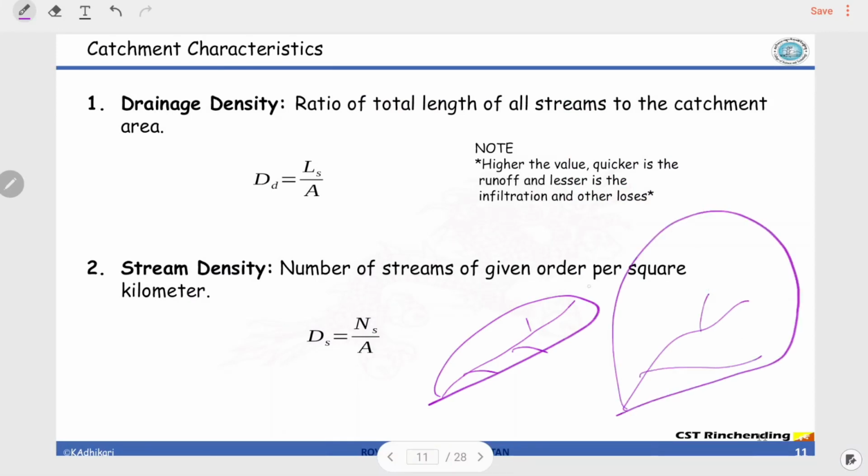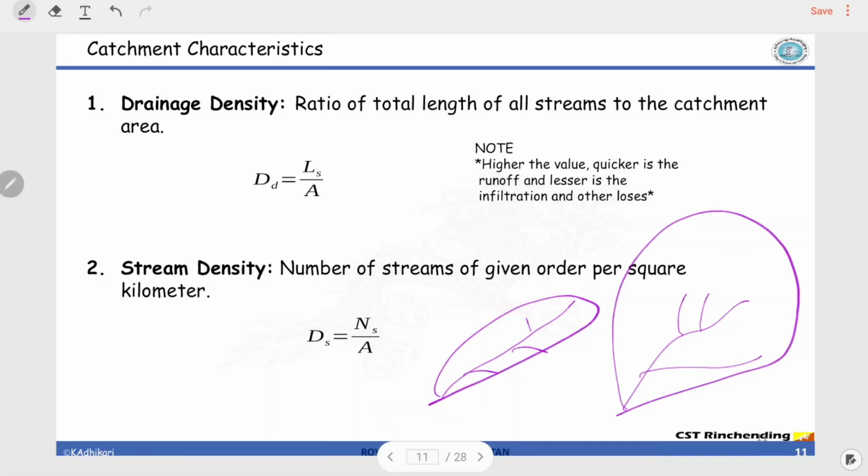So how do we distinguish this kind of catchment? We need some parameters to distinguish between these catchments so that we can analyze better. These catchment characteristics are mathematical parameters that can distinguish the catchments. So let's go one by one through the various characteristics.